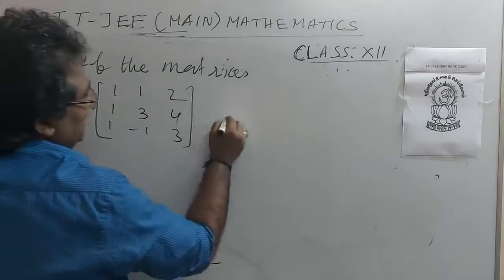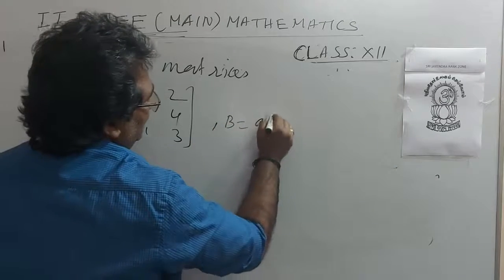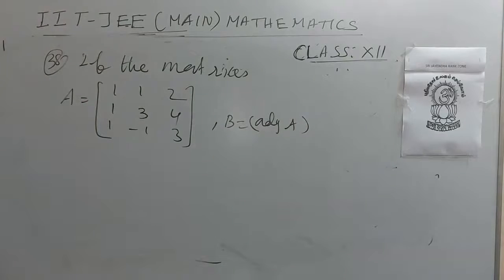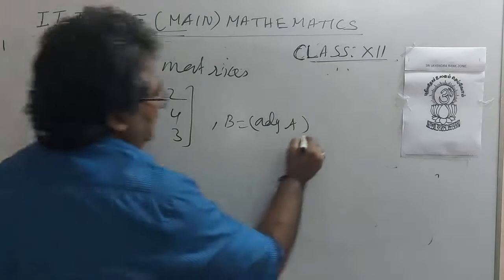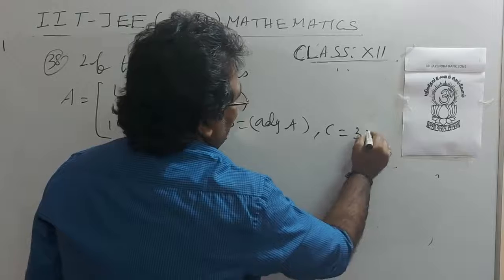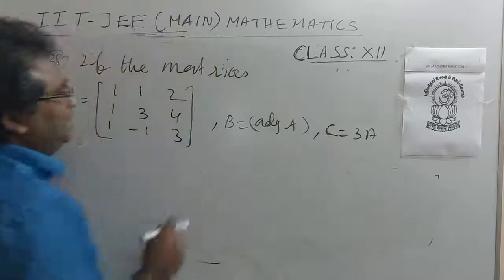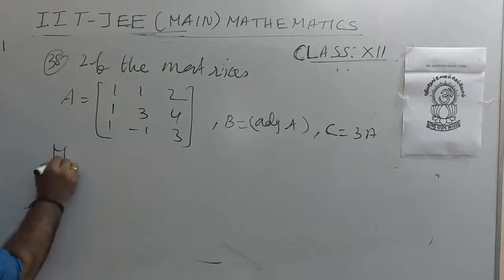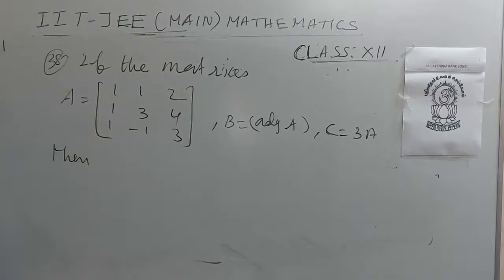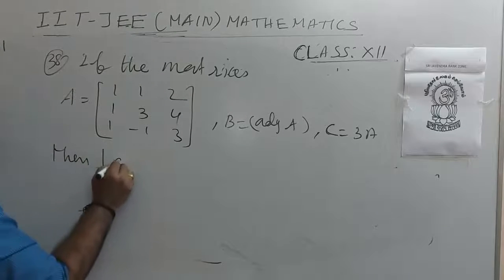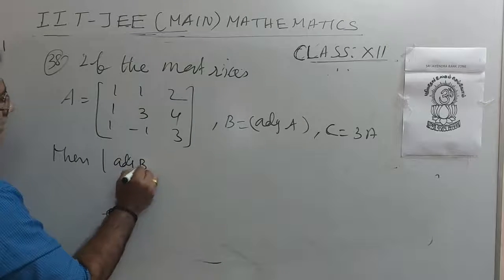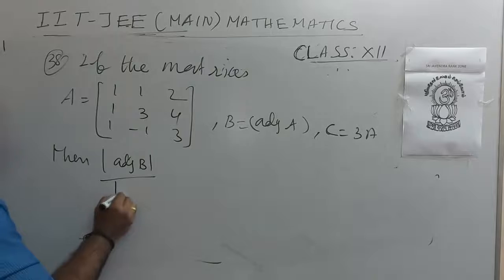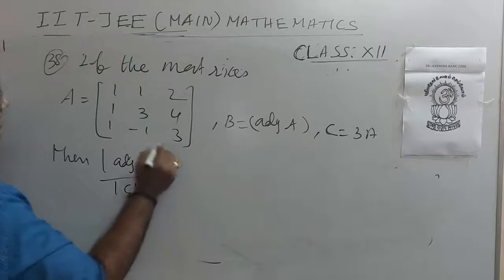Another matrix B is nothing but the adjoint of A, and C is 3 times A. So we have 3 matrices A, B, C. Then determinant of adjoint of B divided by determinant of C is what value?